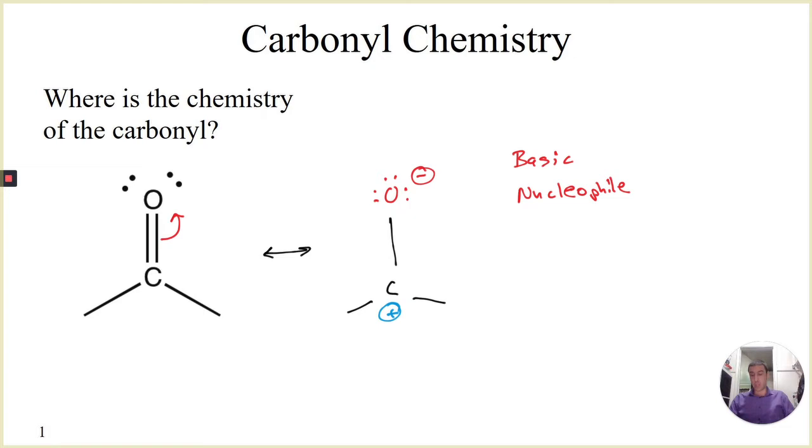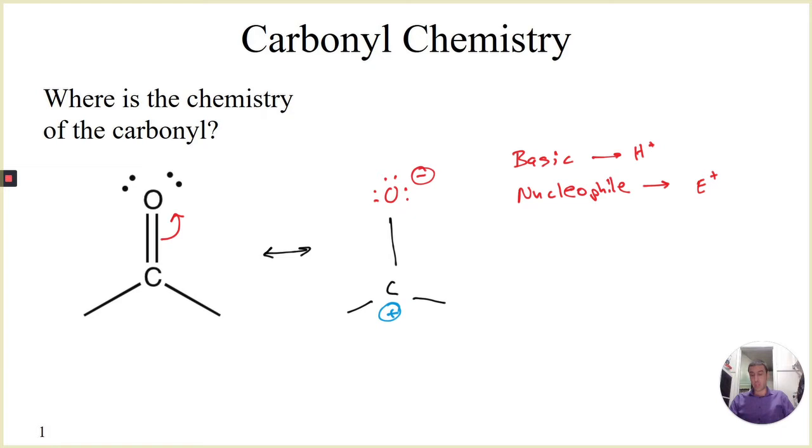If we now try and differentiate between our base and our nucleophile, the base is going to be a little bit easier to access because that base is now reacting with H+. The nucleophile needs to react with an electrophile or E+. On the surface, that doesn't seem like that big of a deal, except that E+ is found within a molecule, which means that's going to be a little bit harder to access than the hydrogen.